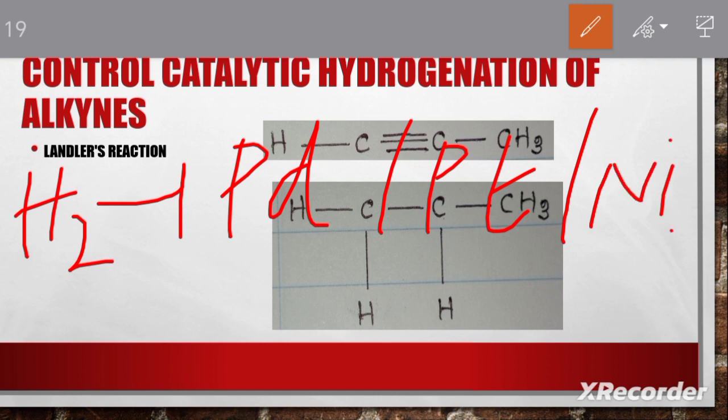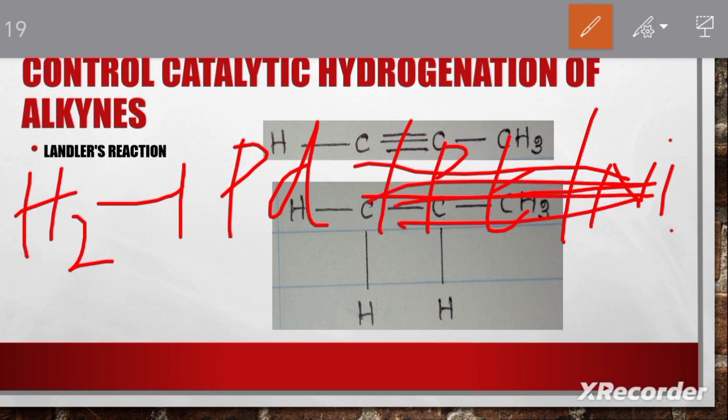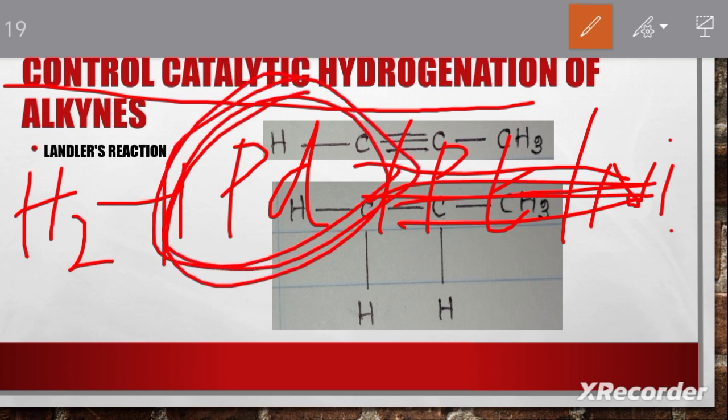One of these three catalysts can be used at that time, but the inhibitor barium sulfate quinoline works only with palladium. So in controlled catalytic hydrogenation, the only catalyst that we can use is palladium. We cannot use platinum or nickel here.